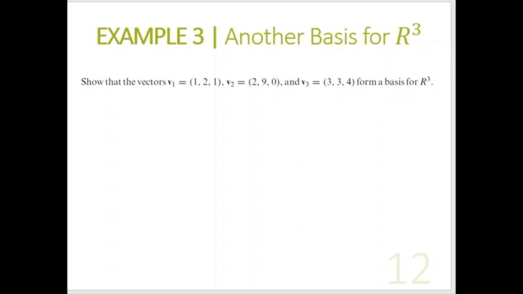So we have to show two things, don't forget, from our definition. We've got to show that this set of vectors spans R3. So A, do they span R3? And then B, are they linearly independent from one another?